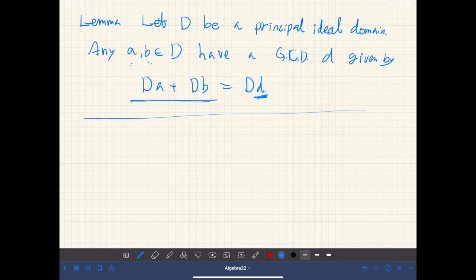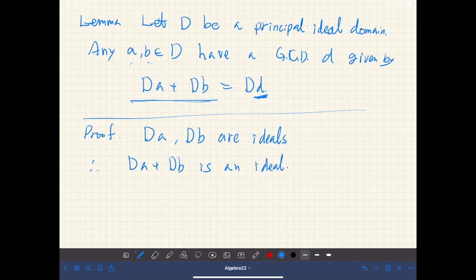Okay, let's prove this. (a) and (b) are ideals. Therefore, (a) plus (b) is an ideal. And since D is a principal ideal domain, this ideal is a principal ideal.